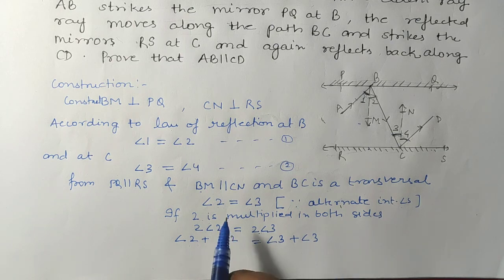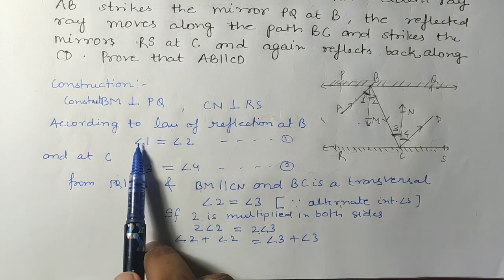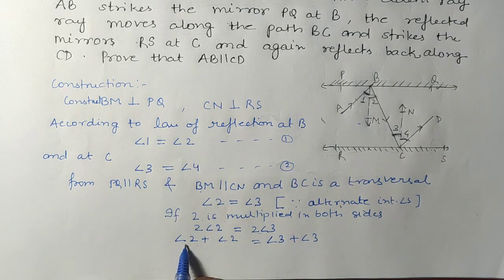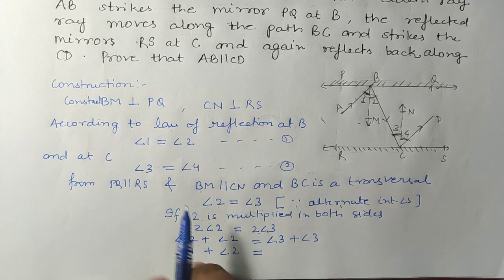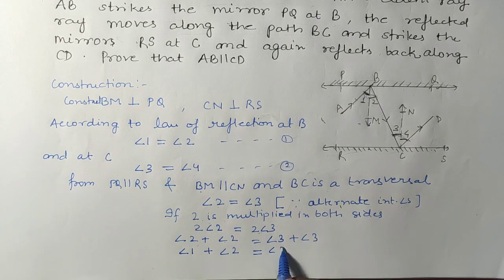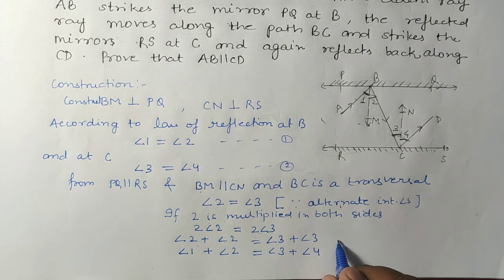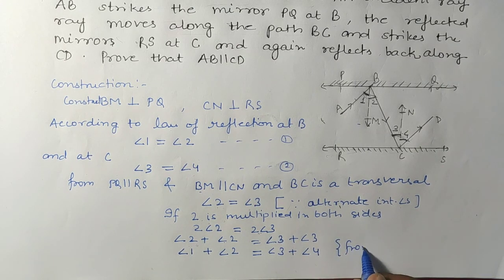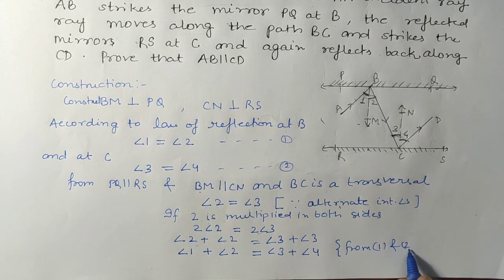Now see students, angle 2 is equal to angle 1. So at this place we are going to write angle 1. And angle 3 is equal to angle 4, so at this place we are going to write angle 4. From 1 and 2 we have written this step.